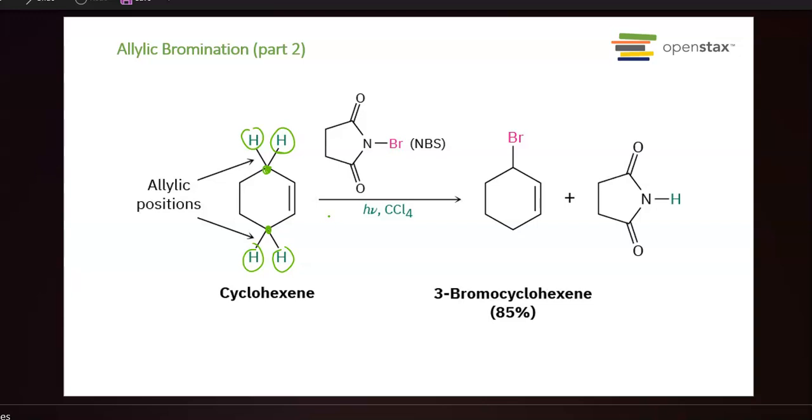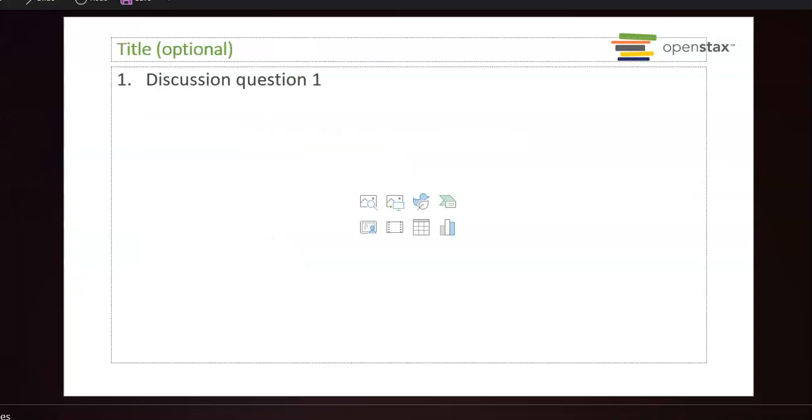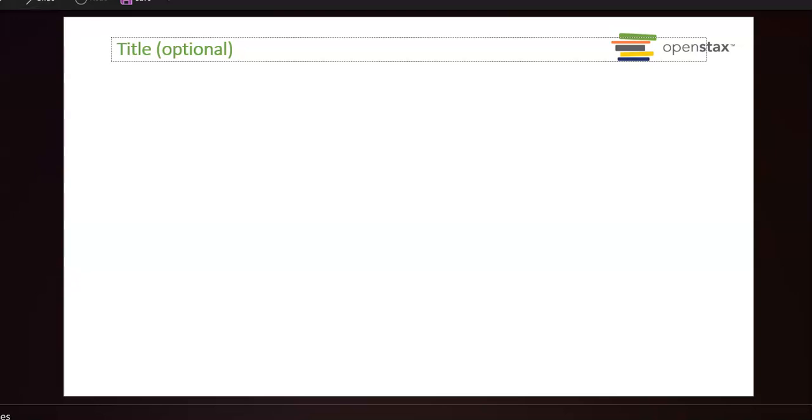We can go into the details of this to understand why this happens. But again, let me draw out a structure here to show which exactly is the allylic position. Once again, we have a double bonded structure.